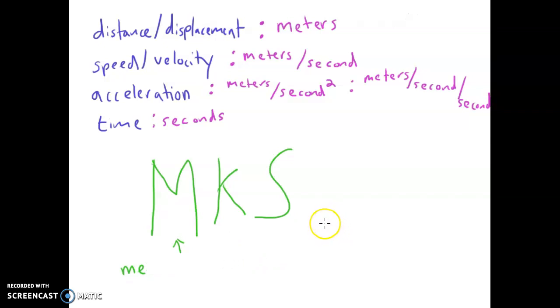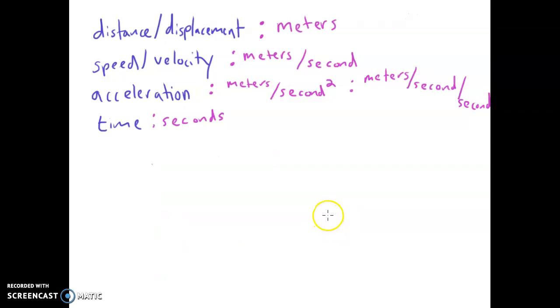Okay, so I want to show you now a little bit about how to manipulate units during a problem. So units can be treated like a variable, right? What I mean by that is, if we have x times x squared divided by x to the fifth, right?